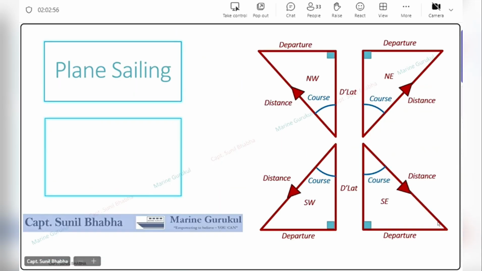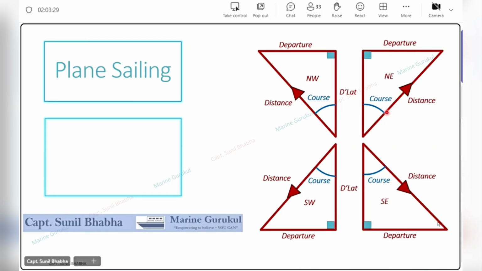Now, a couple of things to keep in mind when solving plain sailing problems. First thing to note is that we need to make different triangles for different quadrants. Depending upon the direction in which the ship is going, depending upon the quadrant in which the ship is traveling, we need to make a different triangle. In the initial example, the vessel was moving on a northeasterly course, so we used this particular triangle.